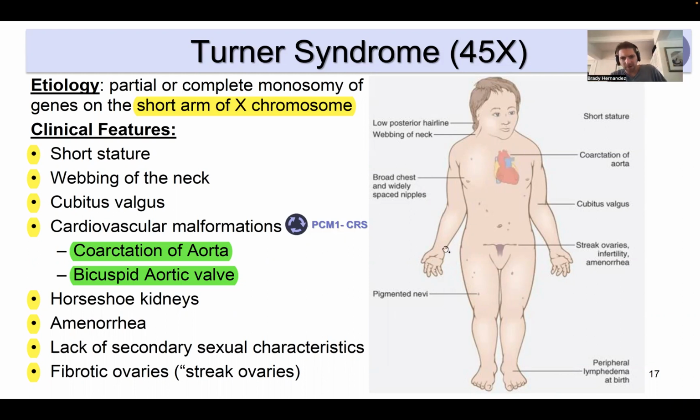So you get very high pulses to the arms, low pulses to the legs, web neck. Bicuspid aortic valve, if you know that, you should be able to get all the questions right. Oh yeah, streak ovaries as well. With one X, you don't actually make proper ovaries. They'll tell you it's fibrotic or something like that. They may not say streak, but this leads to infertility, amenorrhea, stuff like that.